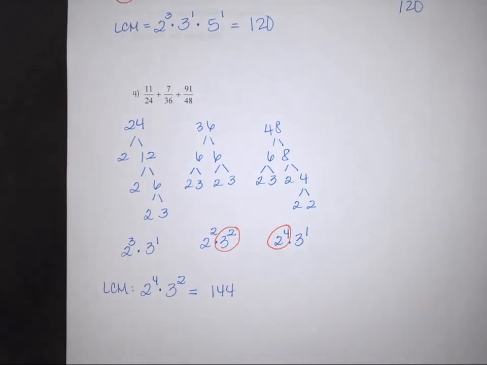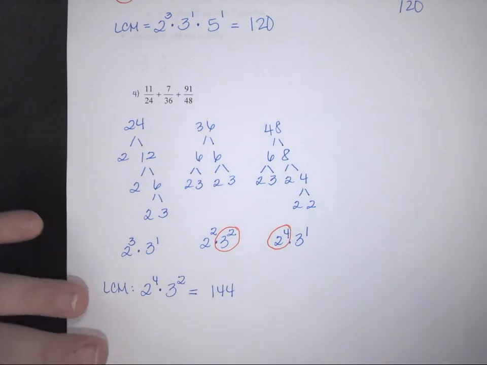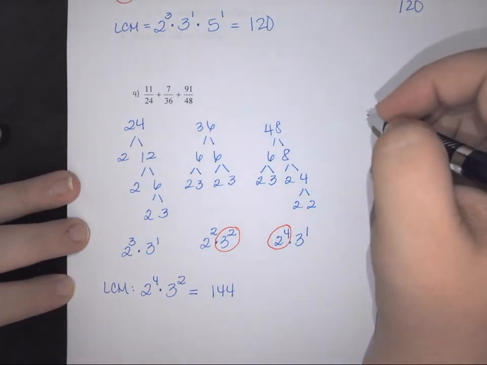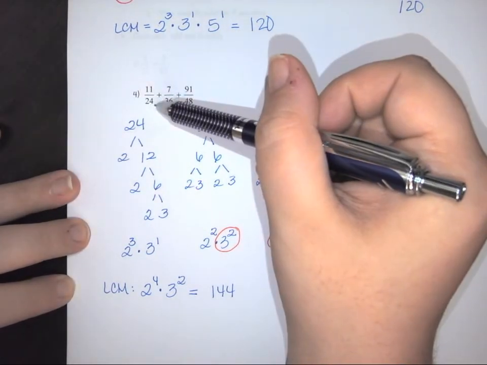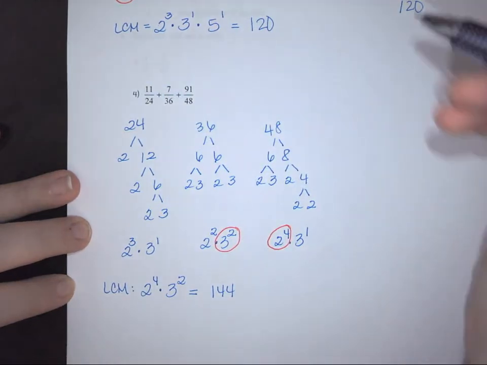So then, just like before, we have to figure out how to change 24, 36, and 48 into 144. Well, to change 24 into 144, I multiply by 6.